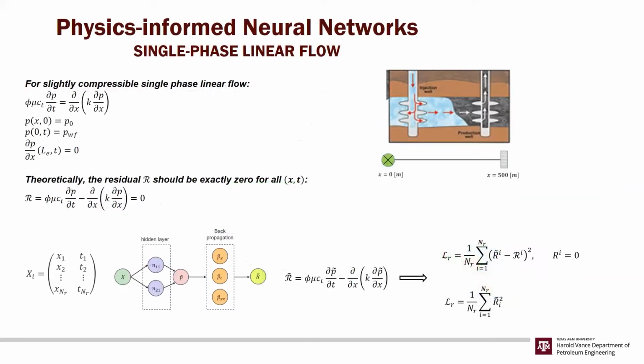So here you go. Just a couple of examples, not going to dwell too much on that, but here is a slightly compressible, single phase flow. You see that's a linear equation on the top. What we've done here just to get it started is as follows.